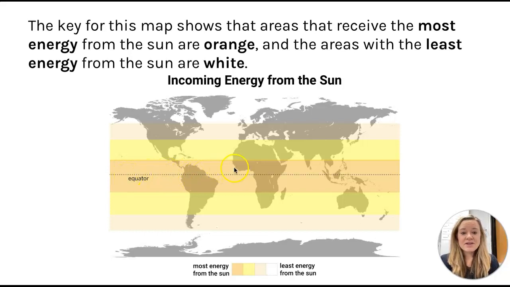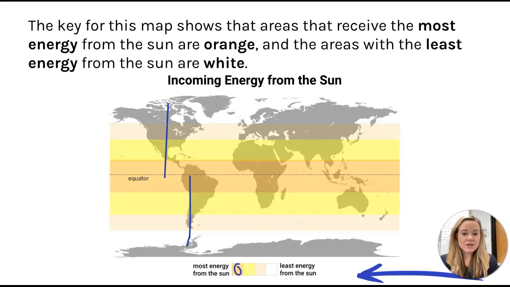So we can see the equator is running down the middle again, and down here it says the areas with the dark orange are getting the most energy from the sun, whereas the places with the white are getting the least energy from the sun. And again, if we flipped this up, we would see that starting at the equator and going down, we would have the most energy, a little bit less energy as it gets less, and then we have our white.